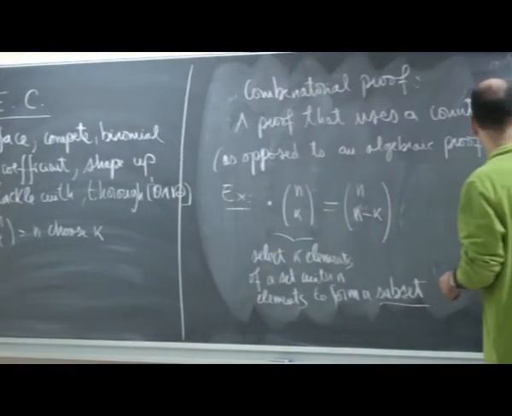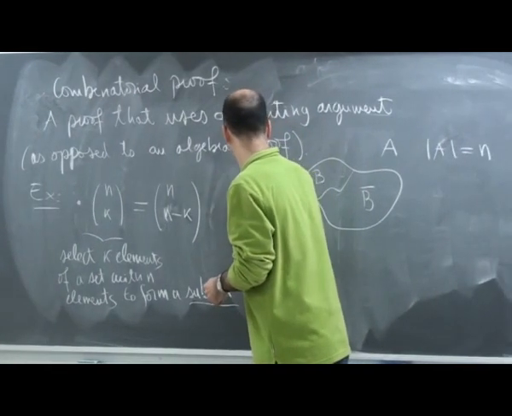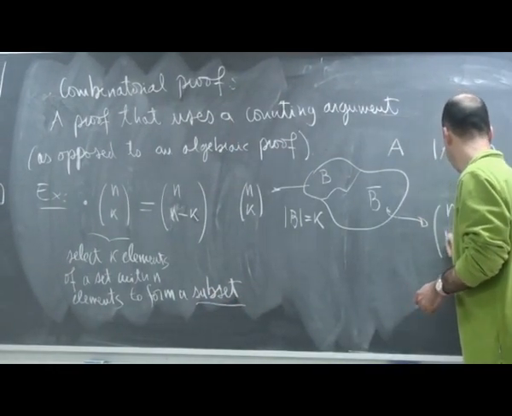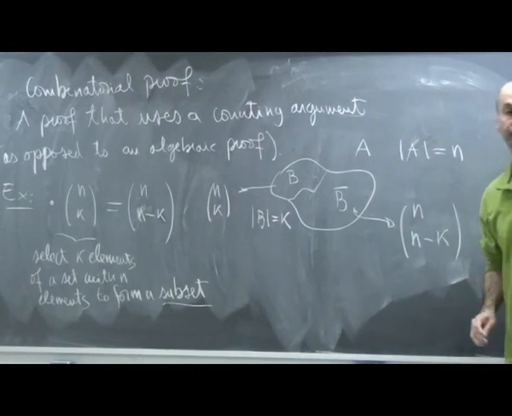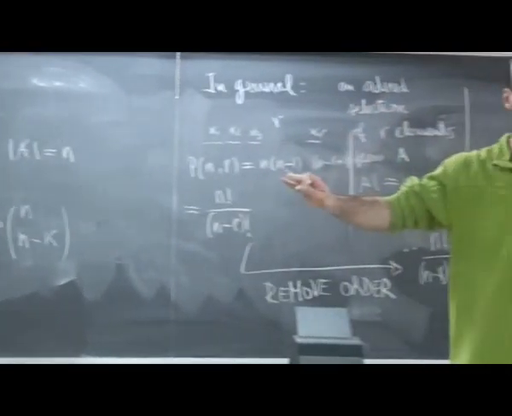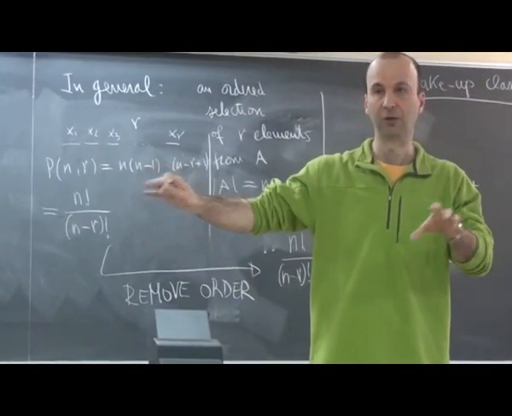Well, for this guy I have N choose K, and for this guy I have N choose N minus K. So the idea is every selection of a set implies a selection for the complement.